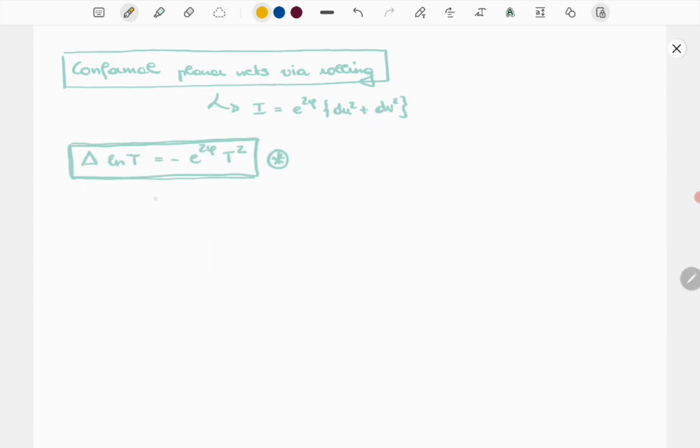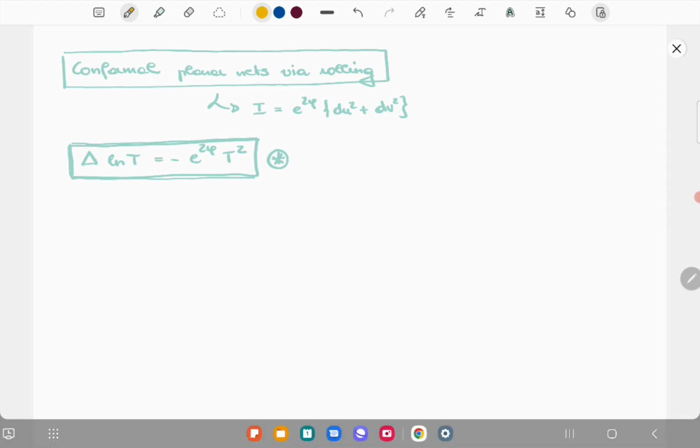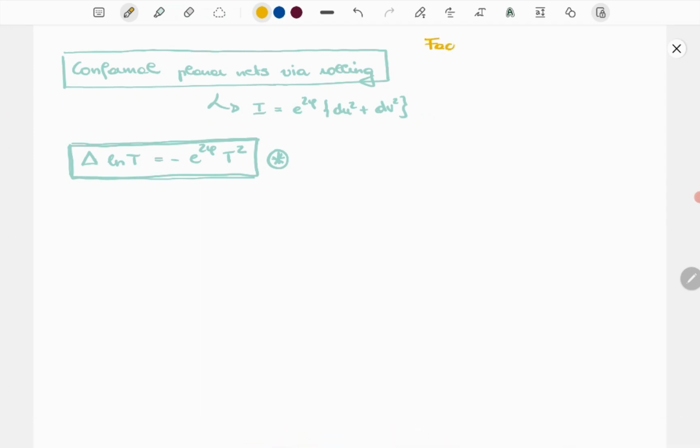So probably this equation here looks familiar to you from a differential geometric point of view. Namely, there is the following well-known fact.